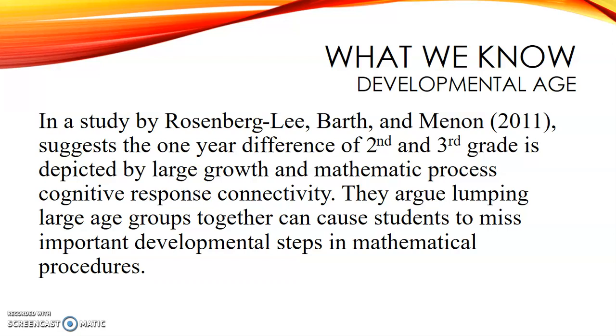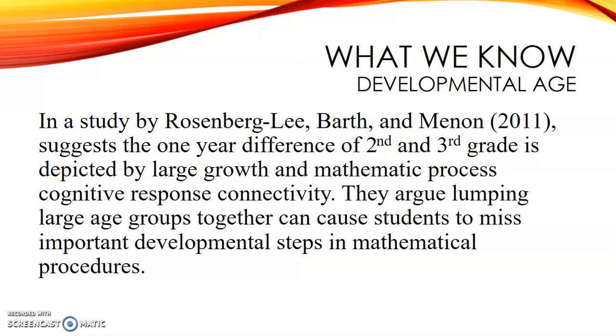What do we know? Developmental age, a study by Rosenberg-Lee. He suggests that the 1 year difference between second and third grade is affected by a large growth in mathematical processes, cognitive response, conductivity. They argue lumping large age groups together can cause students to miss important developmental steps in mathematical procedures. And I've actually seen this teaching fourth grade, where I've had students that are 8 going into 9, and also students that are 10 going into 11.